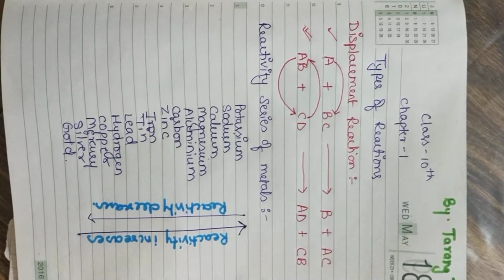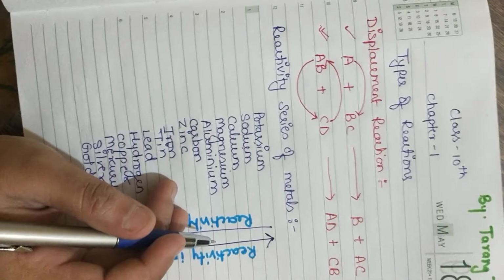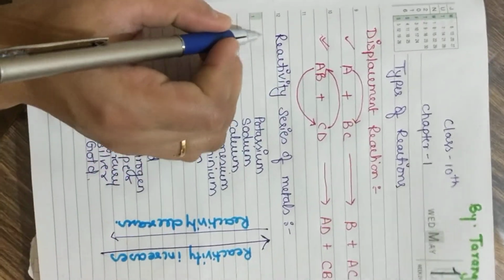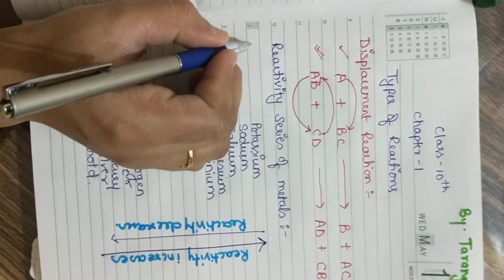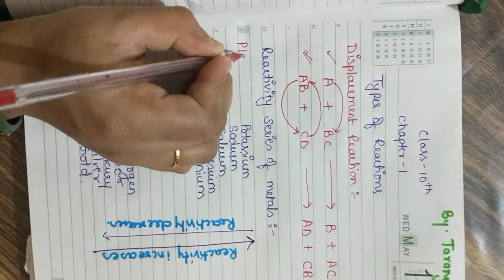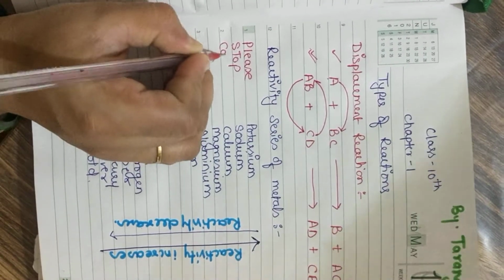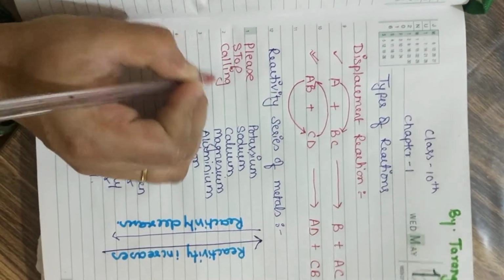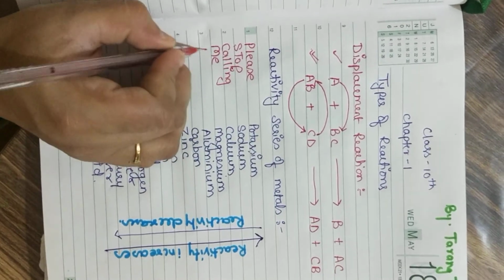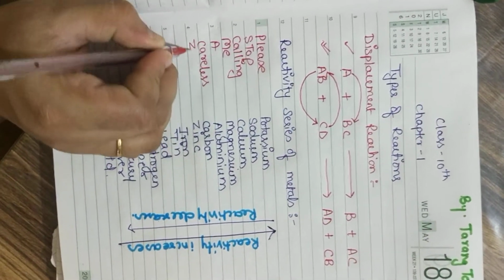So, how to memorize this reactivity series? For this, we can use one phrase, that is, please stop calling me a careless zebra.